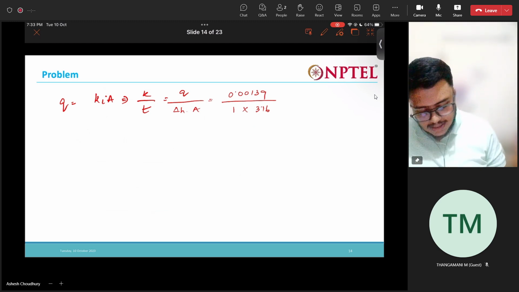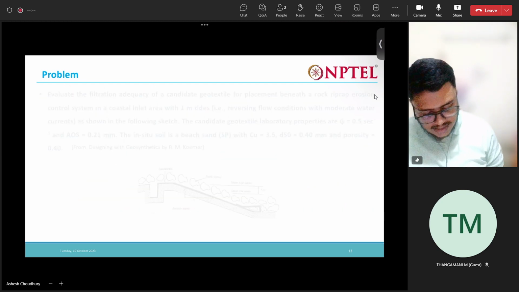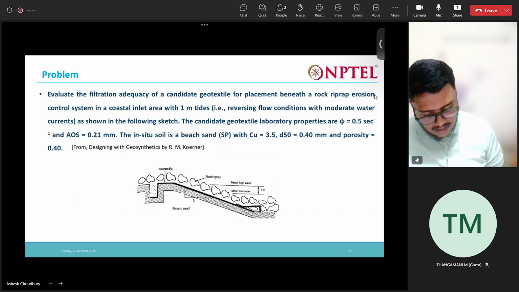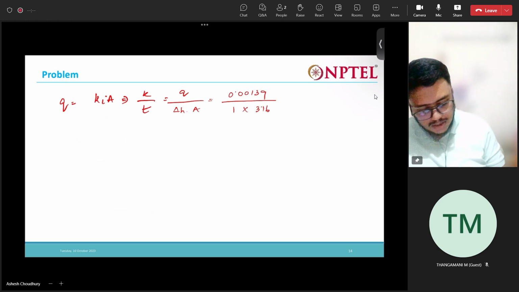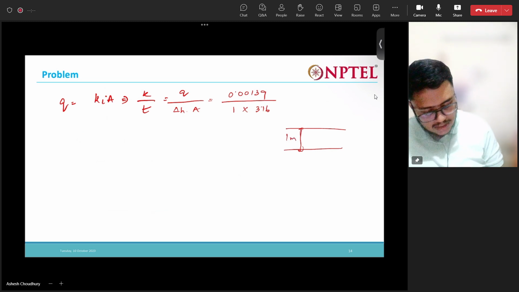See here, this slope is given as 1 is to 3, right? So just this portion, say for a 1 meter high portion, water is receding through 1 meter. For 1 meter height, this will be 3 meter, and this is the length of the geotextile.